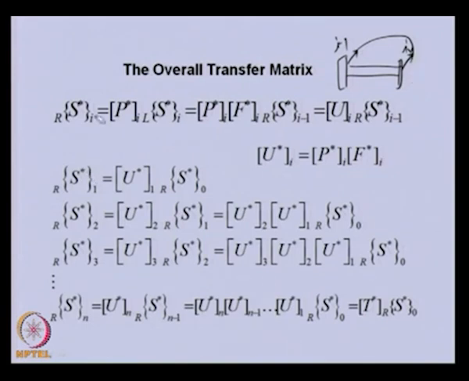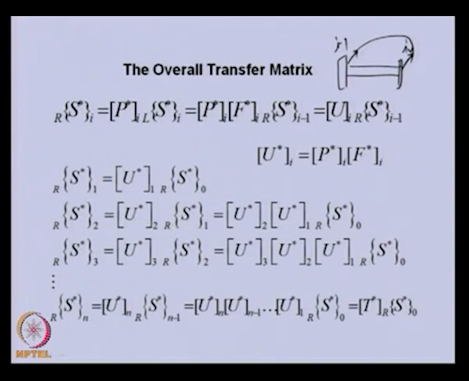Now, for this disk i we can take 1. If we take i as 1, the state vector right of 1 can be related with u1 and the state vector at the 0 station. If i is equal to 2, the right of 2 is u2 and the state vector right of 1.